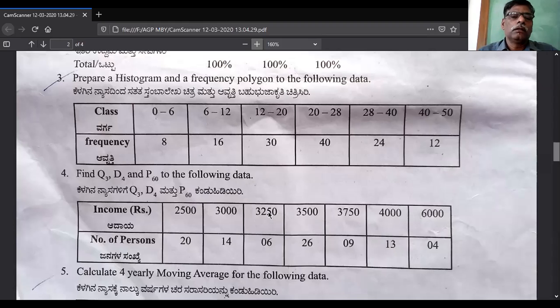This is the income statement and information collected regarding income and persons.